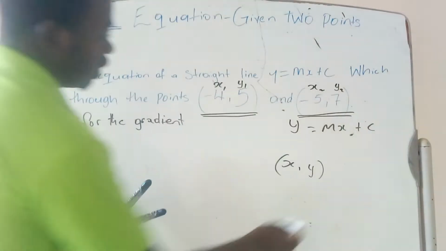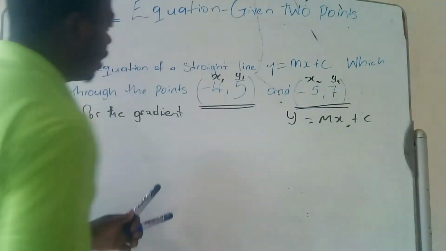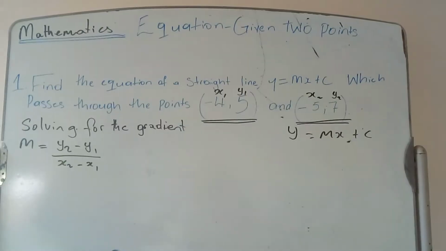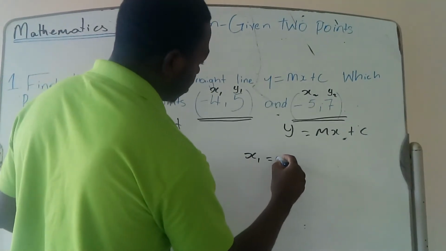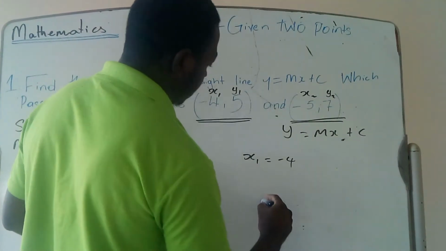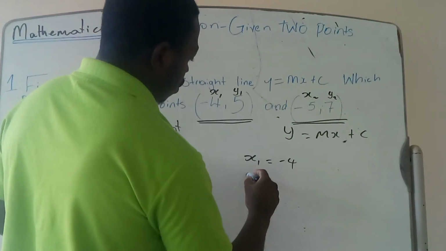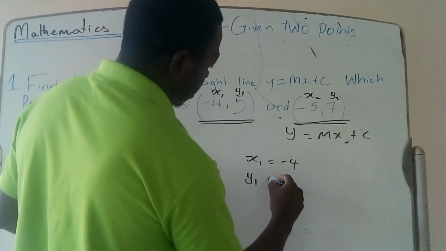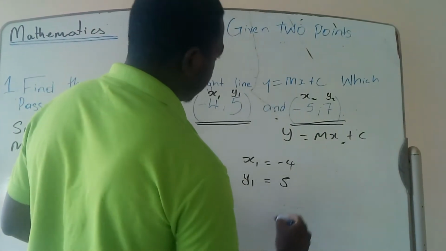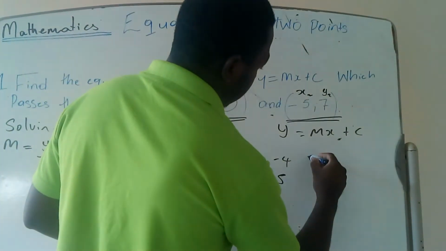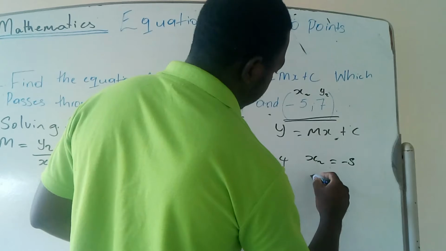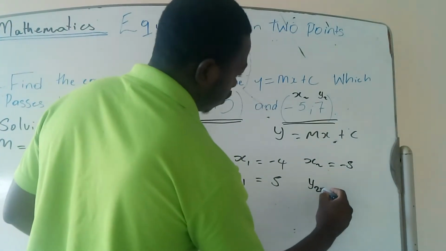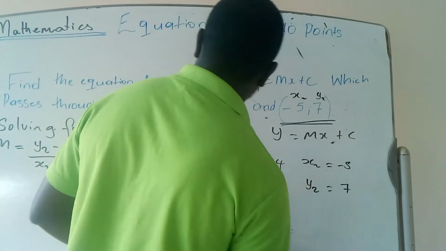To make this clear, we can write out what each of the values are. So therefore, we can say that x1 is equal to -4 and y1 is equal to 5. We can also say that x2 is equal to -5 and y2 is equal to 7.